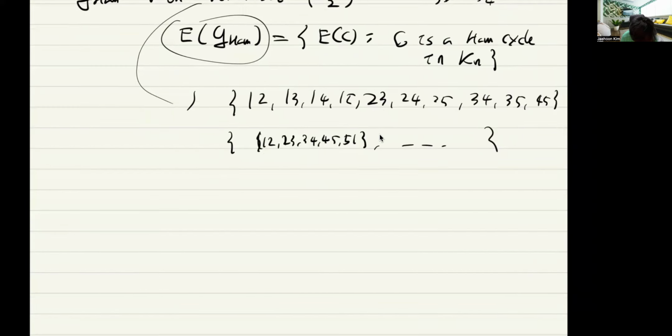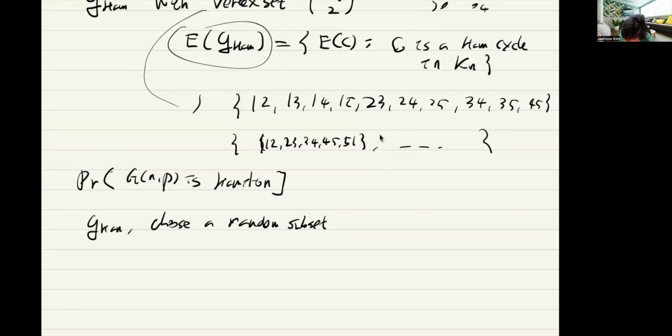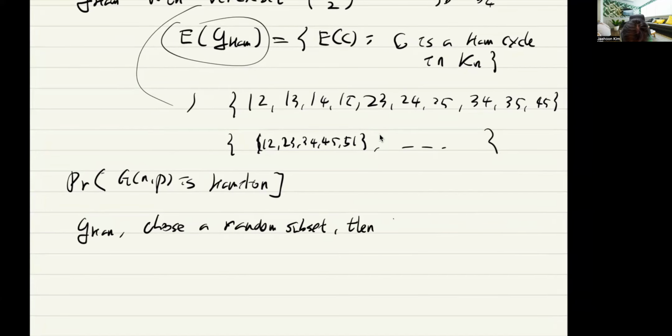And the probability that G(n,p) is Hamiltonian is the same as, if you have this hypergraph G ham, you choose a random subset in a way that each vertex is included with probability p, and it's the probability that this random subset contains an edge, one of the edges.